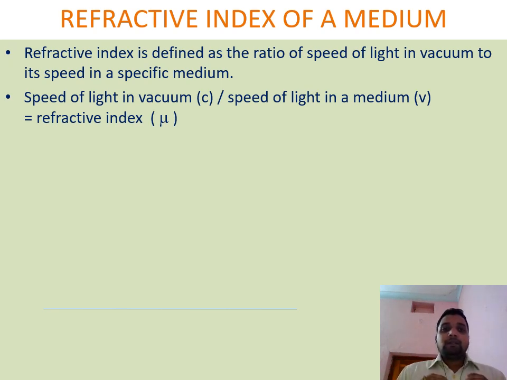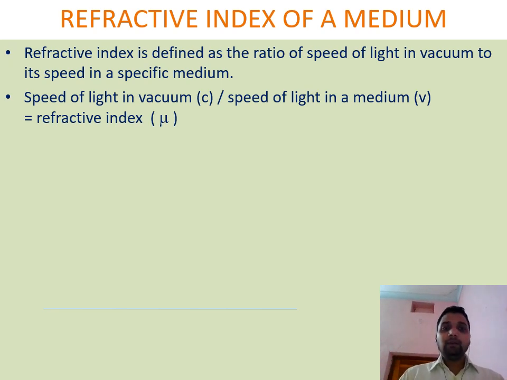The speed of light in air or vacuum is 3 into 10 to the power 8, denoted by the letter C. Here you can see letter C for the speed of light in air or vacuum, divided by the speed of light in a medium, V. So C by V gives the refractive index, denoted by the letter mu, or big letter mu. From the refractive index, we are able to know how many times the speed of light in that medium is less compared to the speed of light in air.